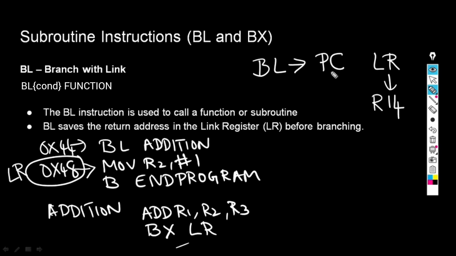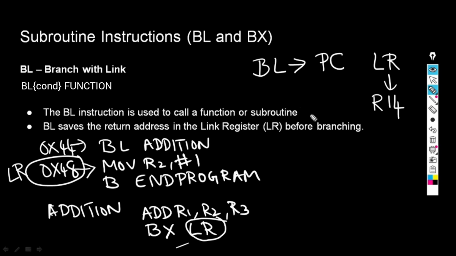And what is the advantage of doing this? Once you branch here, you perform a certain task. After that, when you use branch and exchange followed by link register, you don't need to have any labels here. It will directly come back to this particular address wherein the next set of instructions are stored.